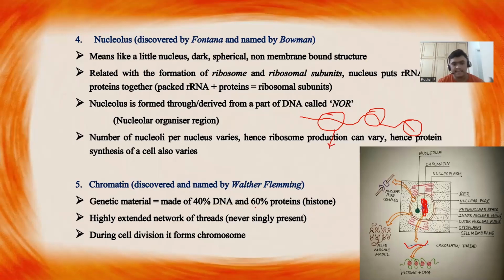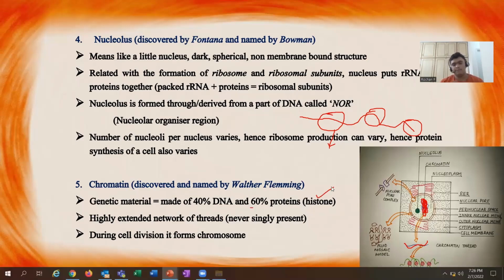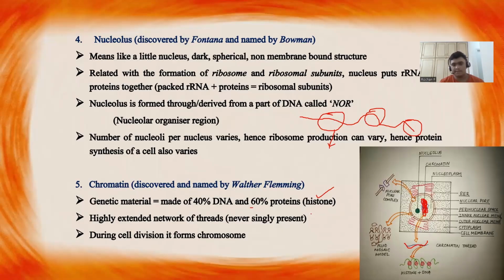No. It has 60% proteins, mainly called histone protein. So 40% DNA and 60% histone protein. There are going to be some proteins called non-histones also, but mainly it is going to have histone proteins. So it is a highly extended network of threads. It is never singly present.